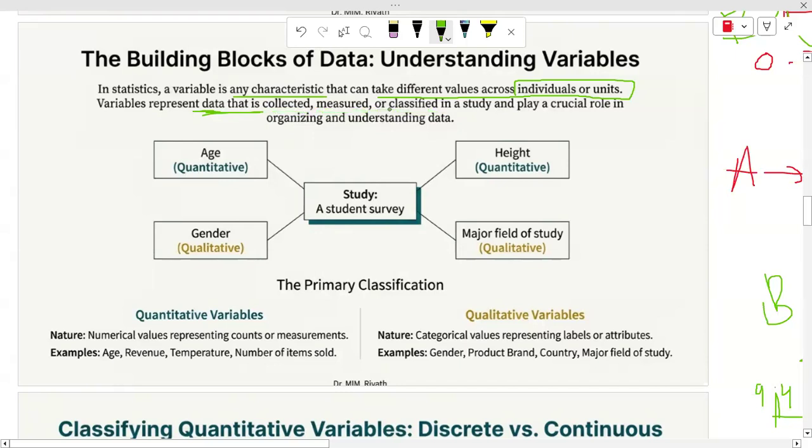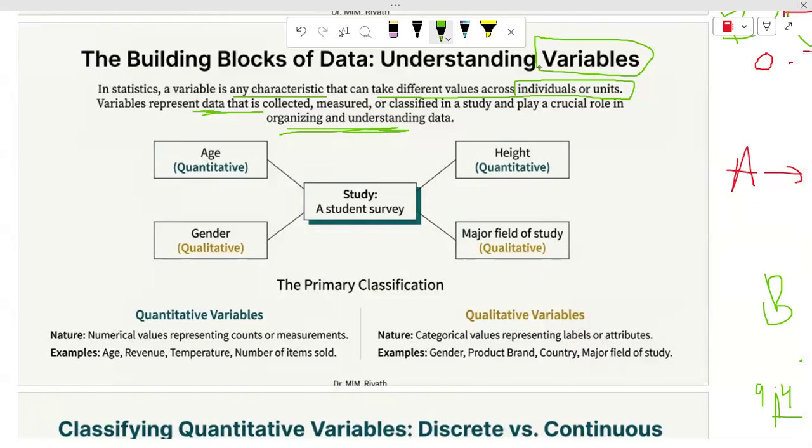Some of you are male, some of you are female. Variables play a crucial role in organizing and understanding data. The variable is not avoidable. Not only in statistics, in any field, the term variable cannot be avoided.